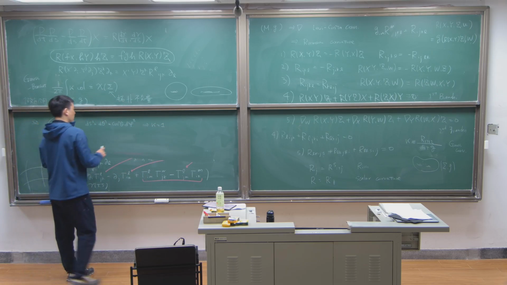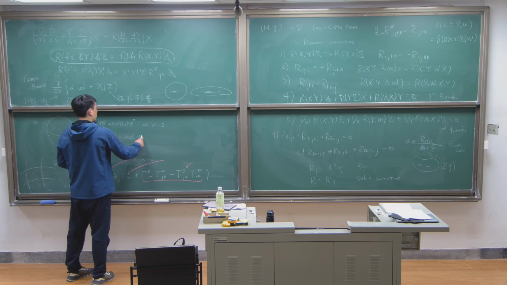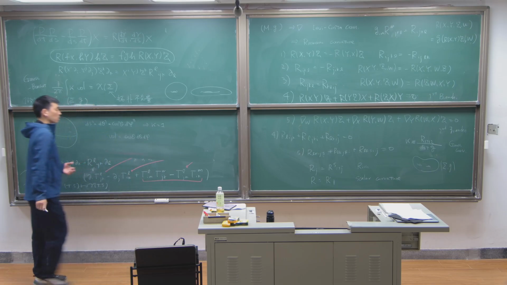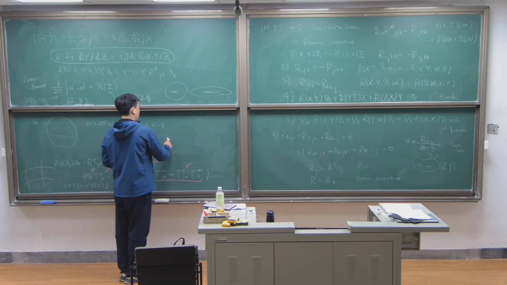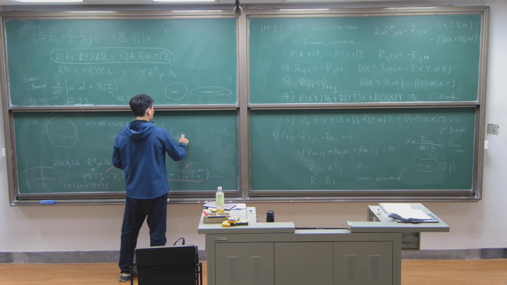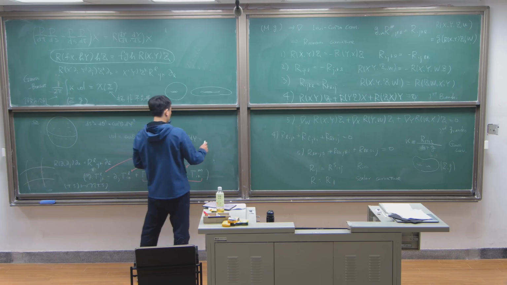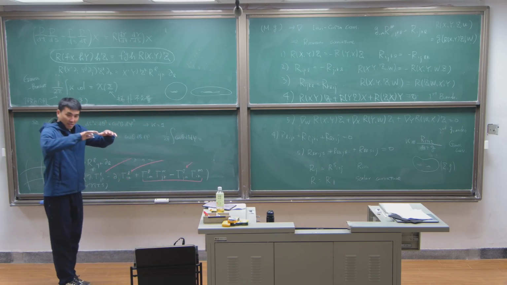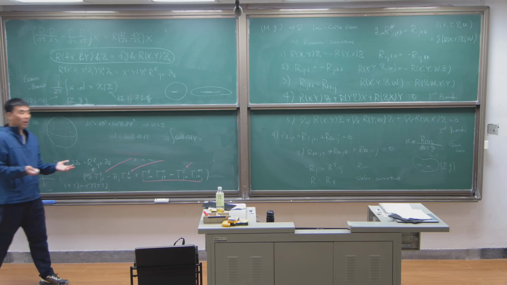And the volume form is equal to sin theta dθ dφ. And then you can integrate over 2π and the volume form, and this will give you the area of the sphere. Okay? The area of the sphere is 4π.